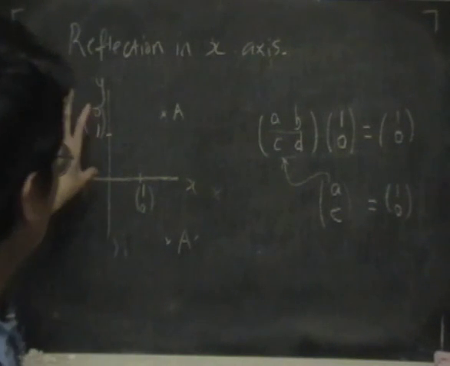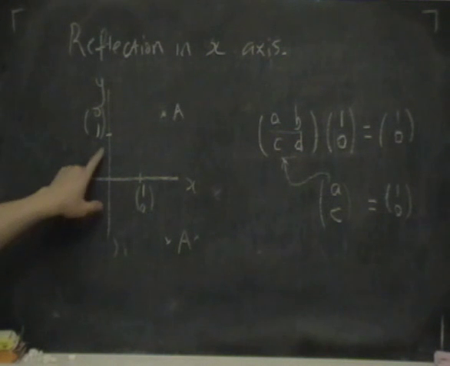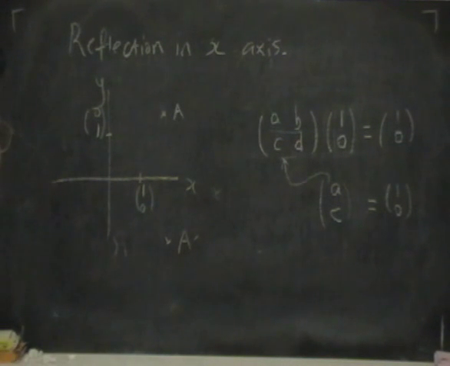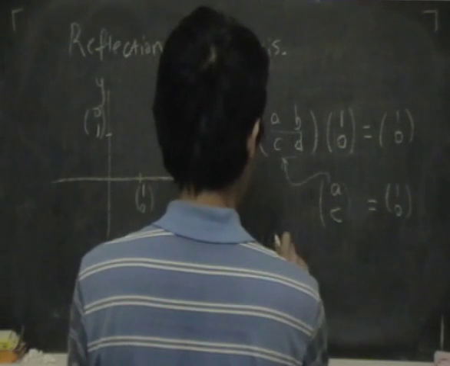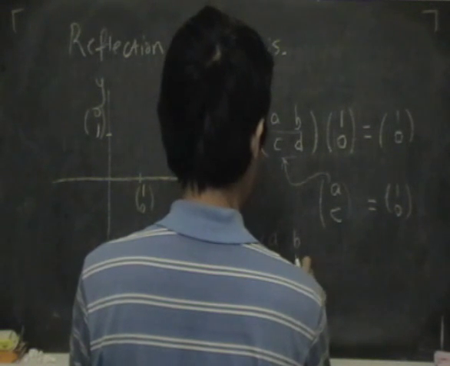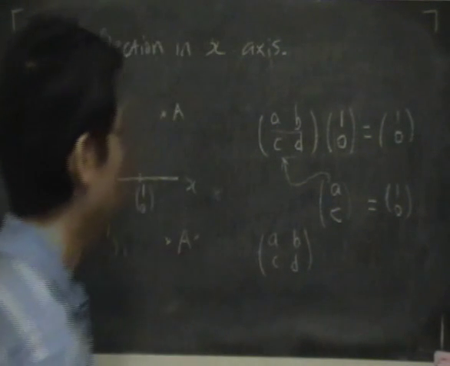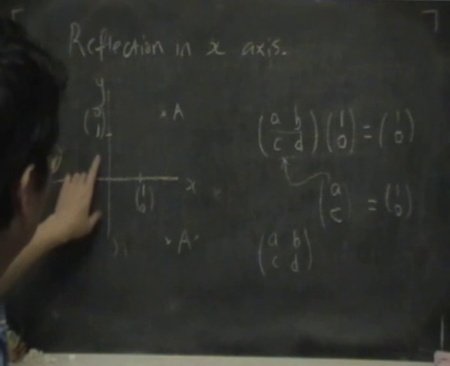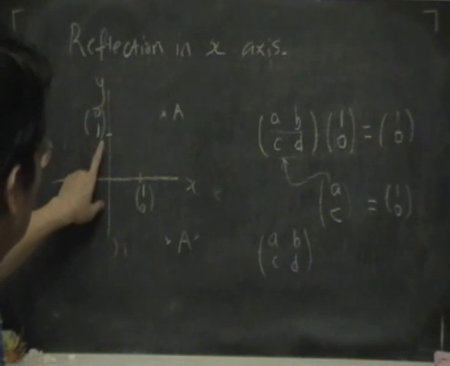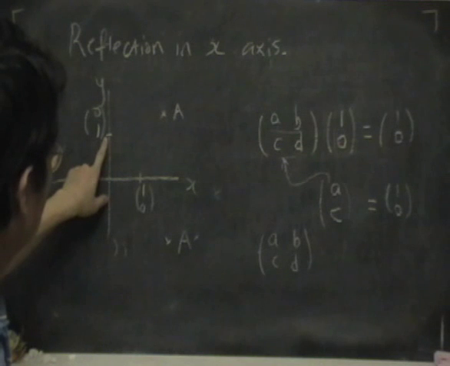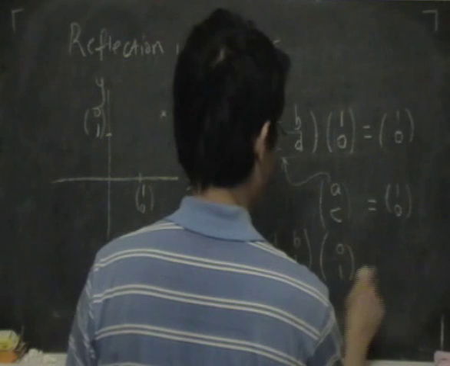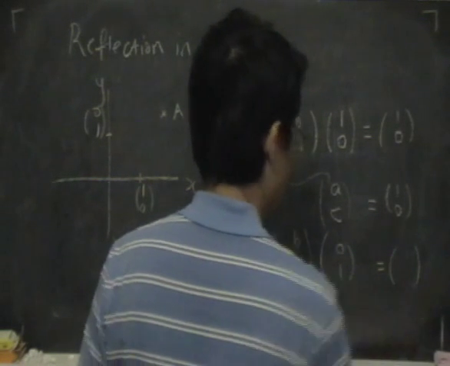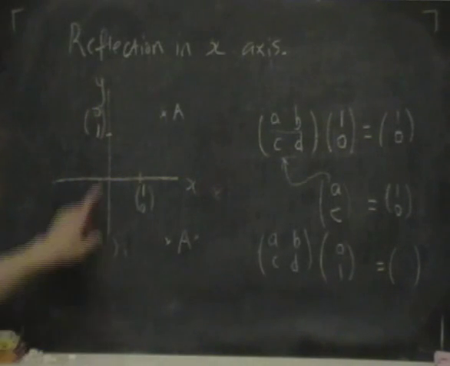Now let's check out the next one. The point 1 on the y-axis. Okay, I've got the same matrix. I'll just write down the A, B, C, D multiplied by the 1 on the y-axis, 0, 1, should give me the image of that point.